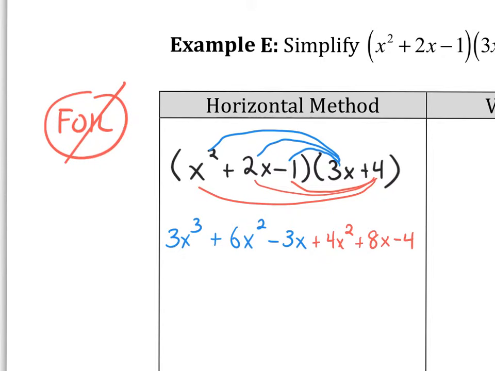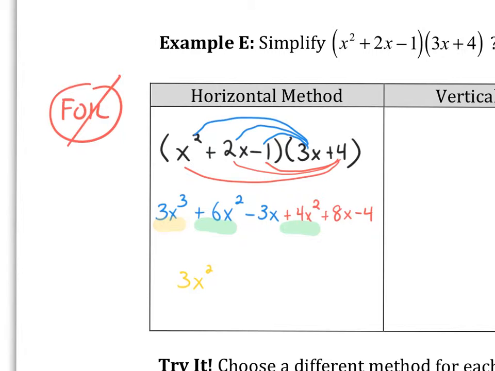Now we're going to combine like terms, and I notice that there's no other cube there. So I'm just going to write that one down below. Now I'm going to look for the next lowest, because I start with cubes, so I'm going to go to the next lowest, which is a square. And I notice I have a square here and a square there. So 6x squared plus 4x squared is positive 10x squared.